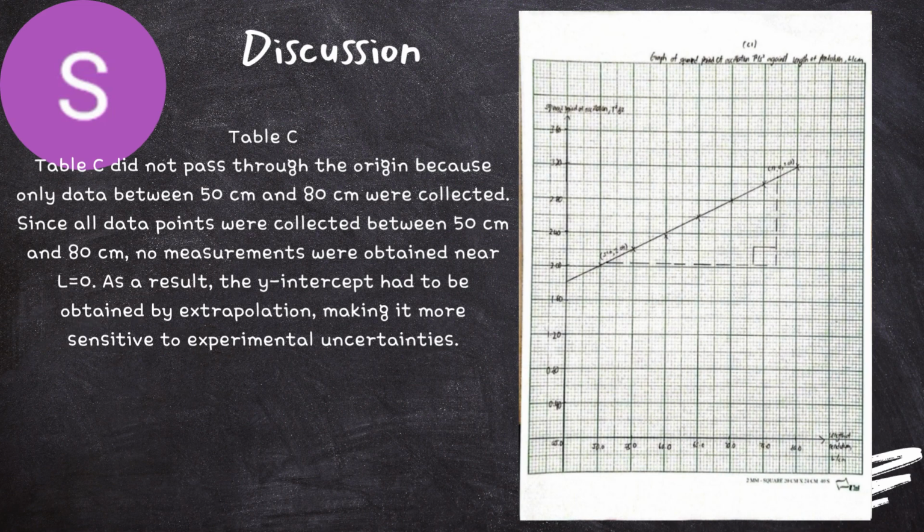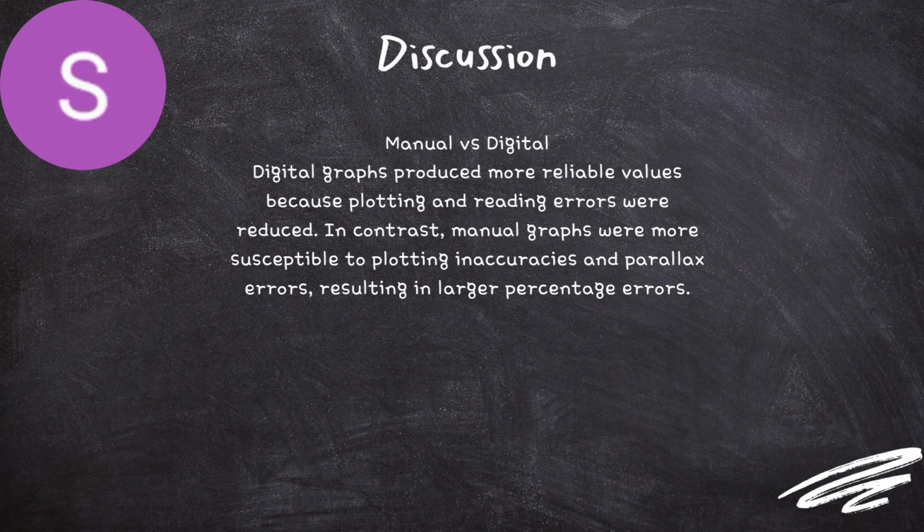As a result, the y-intercept had to be obtained by extrapolation, making it more sensitive to experimental uncertainties. By comparing manual graphs and digital graphs, digital graphs produce more reliable values because plotting and reading errors were reduced.